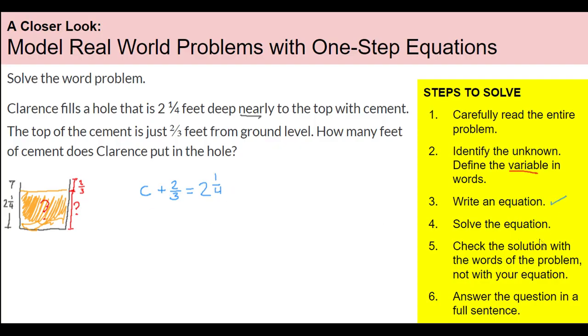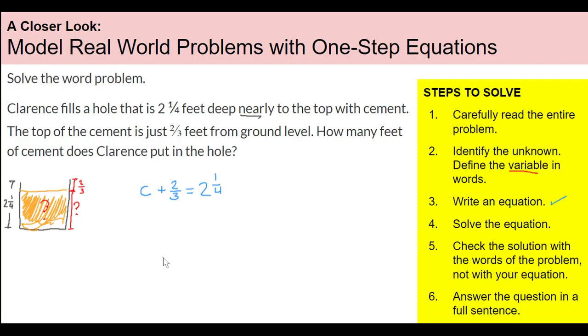Now we can solve the equation. Is it better to change the fractions to decimals or leave them as fractions? In this case, it's better to leave them as fractions. One, because everything's fractions, and two, 2/3 is a repeating decimal. You get 0.66666 forever, so it's not going to give us our exact answer.